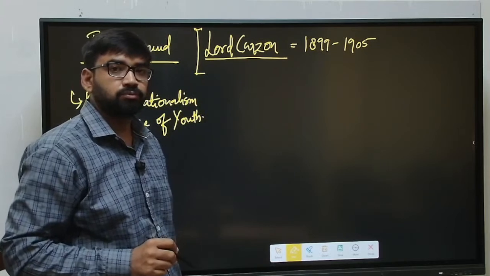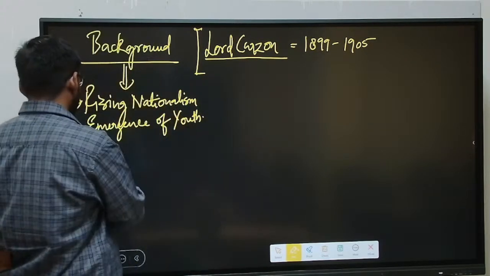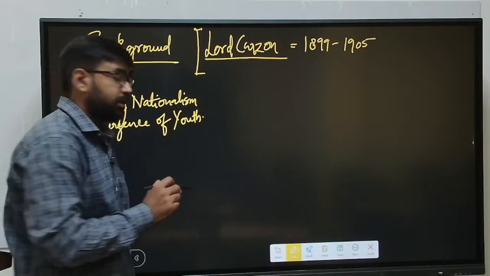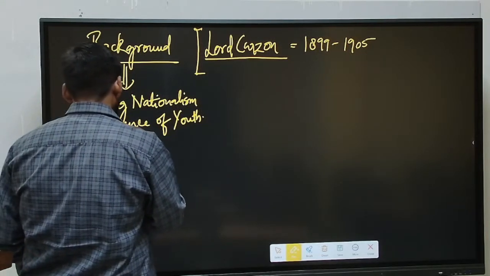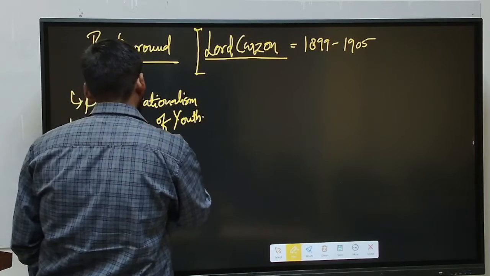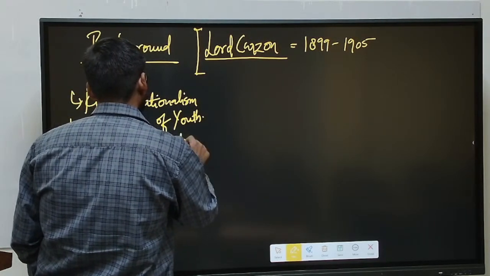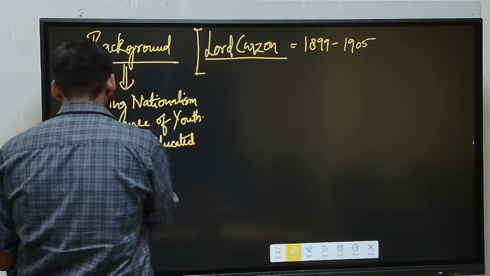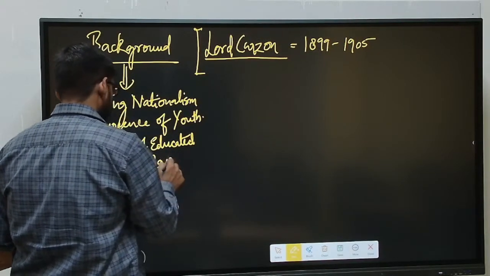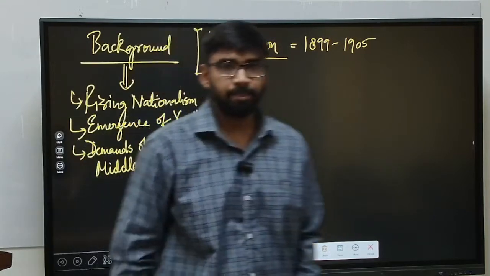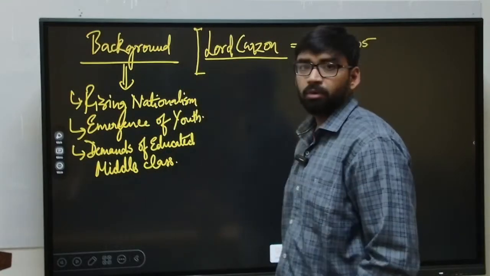Clear? This is the most important thing. And third thing, demands of educated middle class. These demands are there in the background.